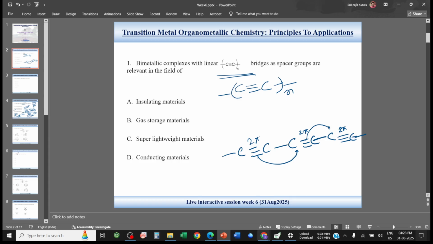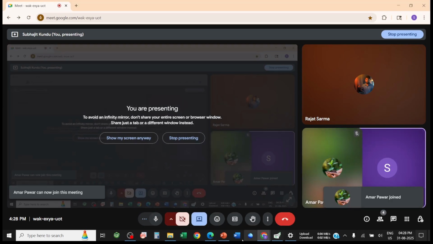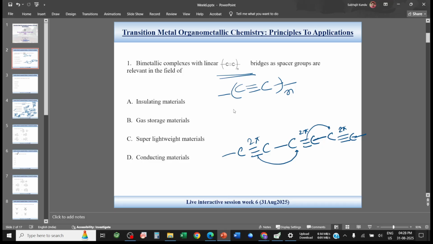Because of this conjugation, the electrons can move throughout the bond. That's why when a compound has these alkyne groups as a spacer, it acts as a good conductor of electricity because of resonance and delocalization of pi electrons. That's why the compound becomes a highly conducting material.